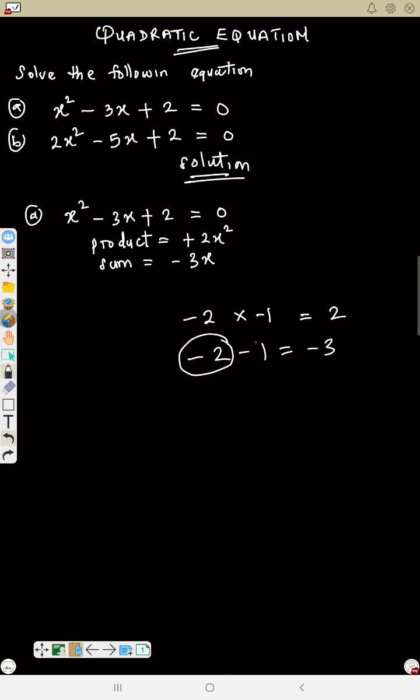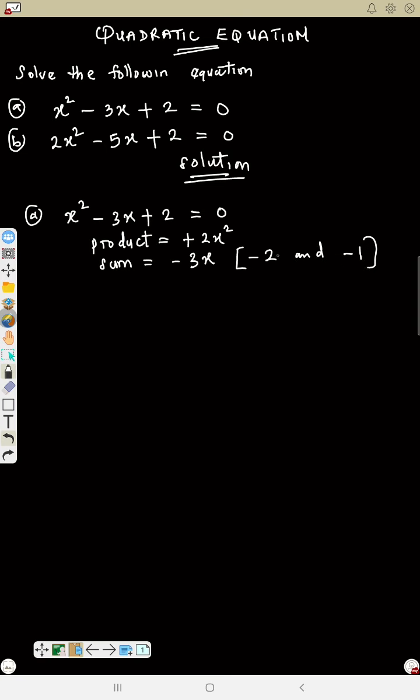You can do it in your head, or just press the calculator directly. Minus 2 minus 1, that's minus 3. So you see now that we have achieved it: the two numbers are minus 2 and minus 1. So we'll just put s at the back.